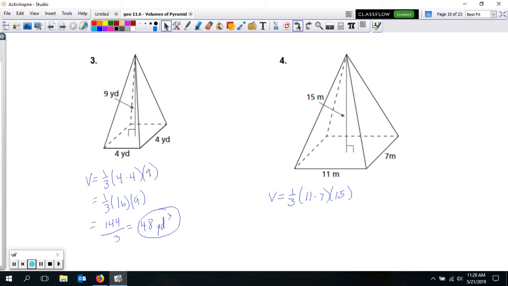So it's going to give us 77 in there for our base area. And if you want, again, you can say 3 goes into 15 5 times, and now it's just 5 times 77, or we can multiply these two and divide by 3. That's what I did here. 1155 divided by 3 gives us 385 meters cubed. All right, let's go on to the next two.